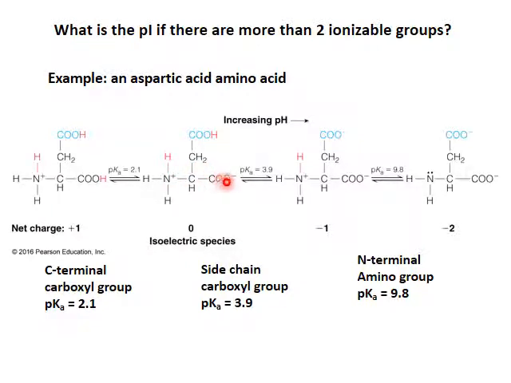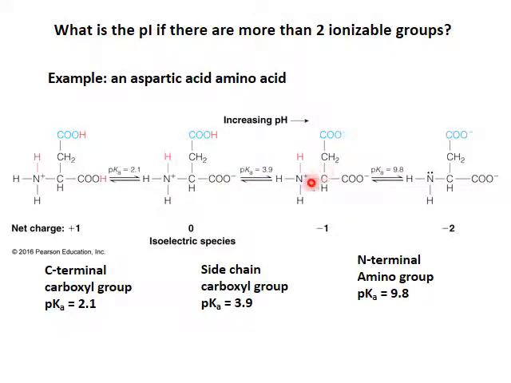For example, this carbon is 1 bond, this is 2 bonds away from this protonated nitrogen, whereas this carboxylate is 1, 2, 3 bonds. It's further away. So the positive charge that helps stabilize the electrons on the carboxylate is further away for the side chain compared to the alpha amino group. Therefore, this first carboxylic acid is more acidic. Its conjugate base form is more stabilized, and hence its pKa is lower.